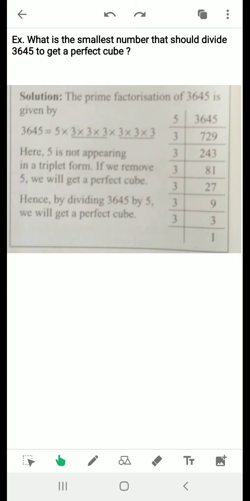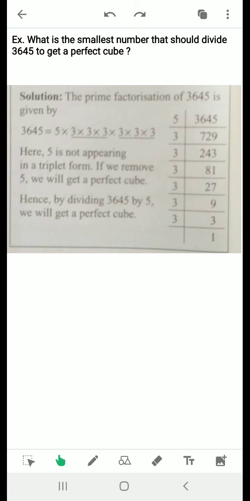Whatever terms are extra, we will divide by that number. If there is one 5 and one 2, both extra, then we will divide it by 5 and 2, that is 10. So the smallest number by which we should divide 3645 to get a perfect cube is 5. So how to make a perfect cube? By multiplying whatever we require more.